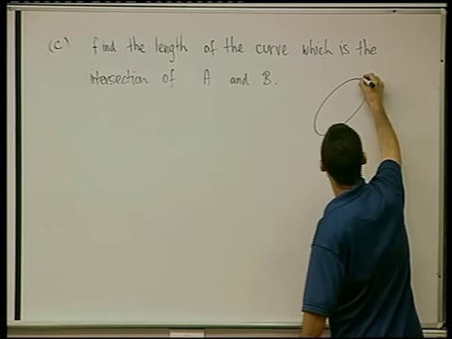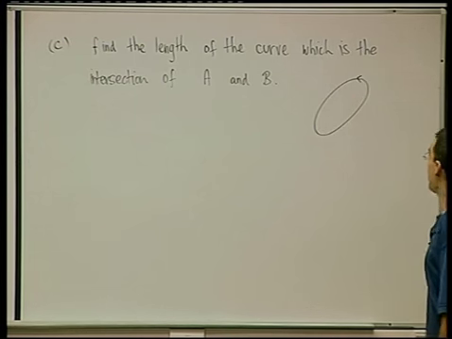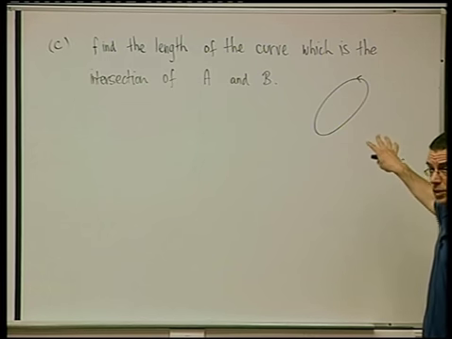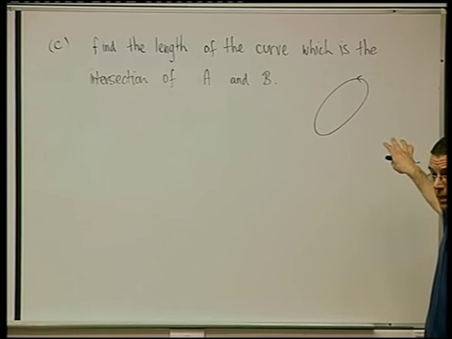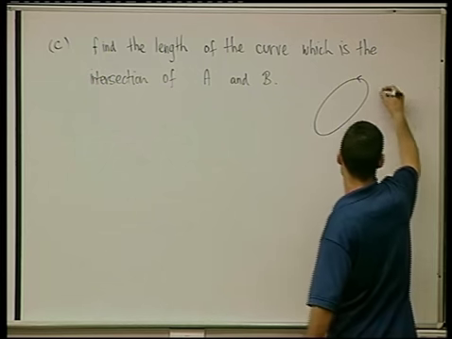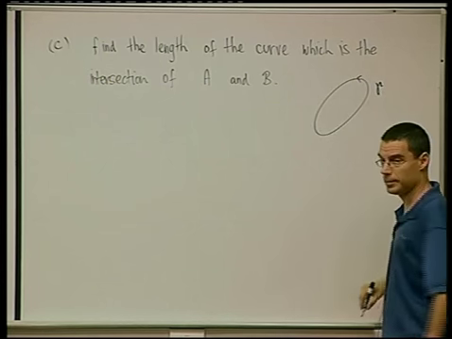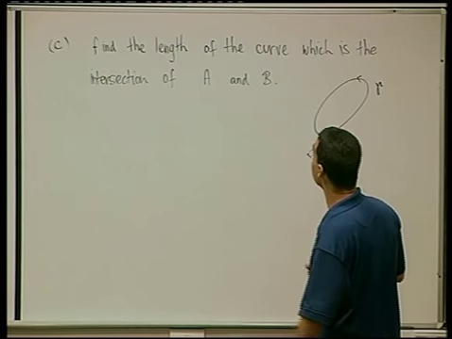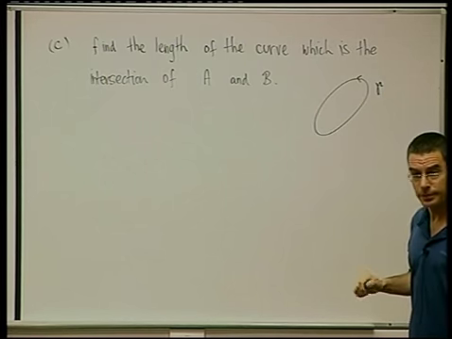To indicate that it's a curve, let's add a little direction arrow, which I just chose randomly. Okay? Is it clear that this is the curve we're looking at? Everybody? Okay, let's give it a name. How about gamma?